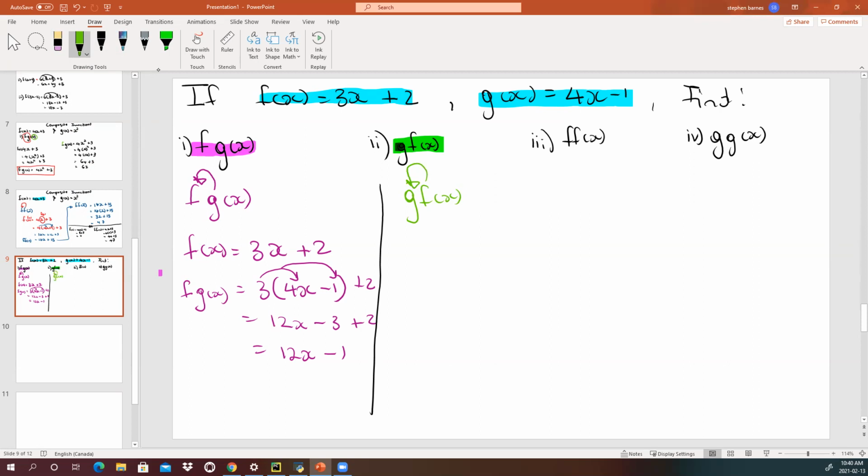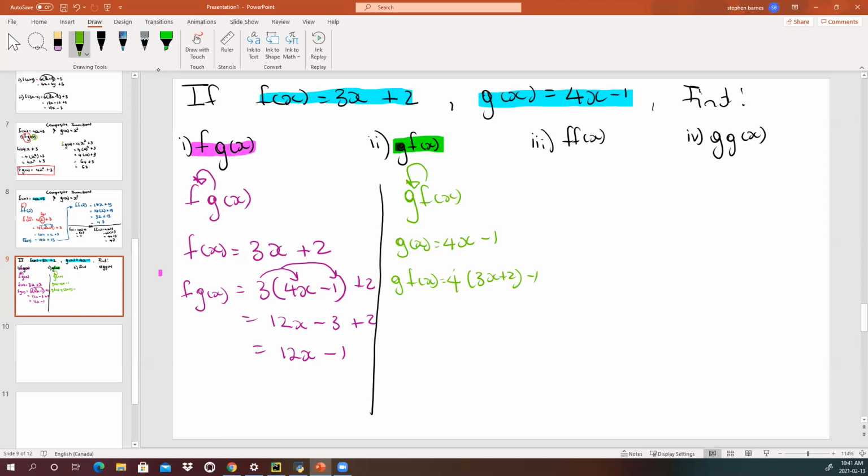So you have to put down the g function first, which is 4x minus 1, and then put f into the g function. So anywhere you see x, you put the f right there. So that will be 4, f function is 3x plus 2, minus 1.